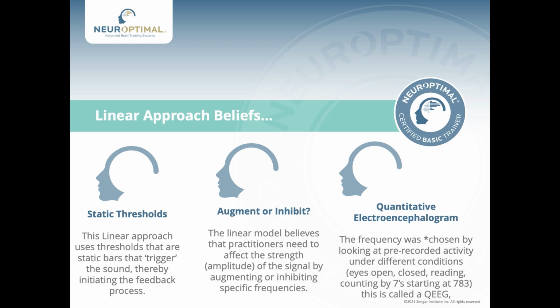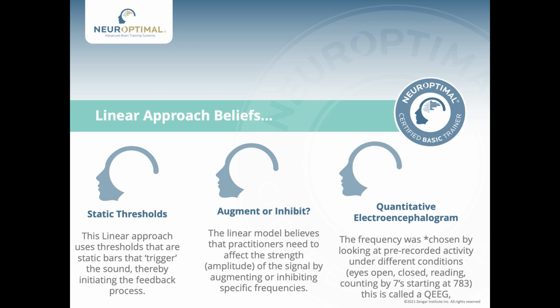So it's important that you're able to say, I understand, this is what they do, this is why we're different. Because probably close to half of the people that come into your office have already investigated, they've already learned about neurofeedback. What they don't know is that there's a difference.